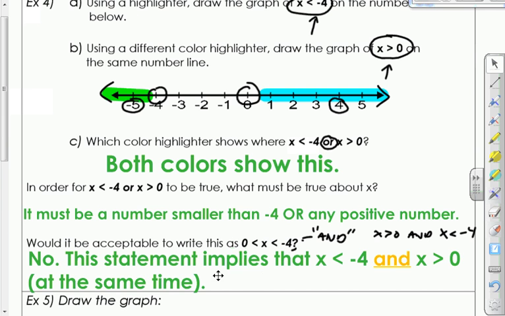So we would say, no, this statement implies that x is less than -4 and x is greater than 0 at the same time, which of course could never be true. So what do we learn from this? Compound statements with the connector or may not be written in this format.